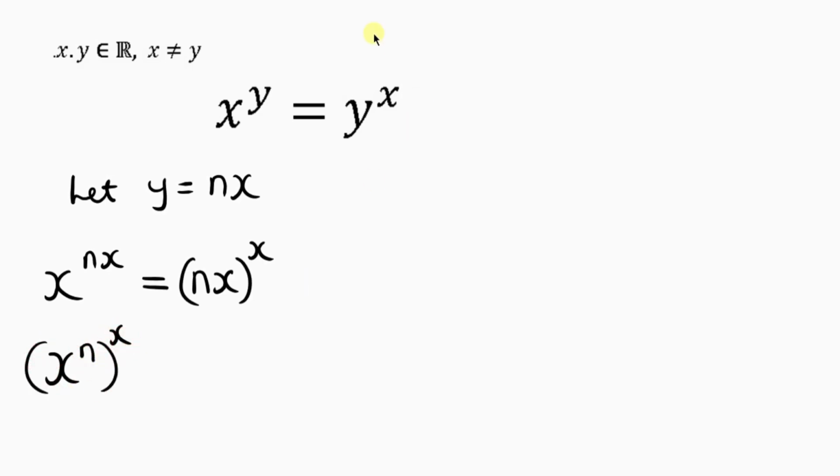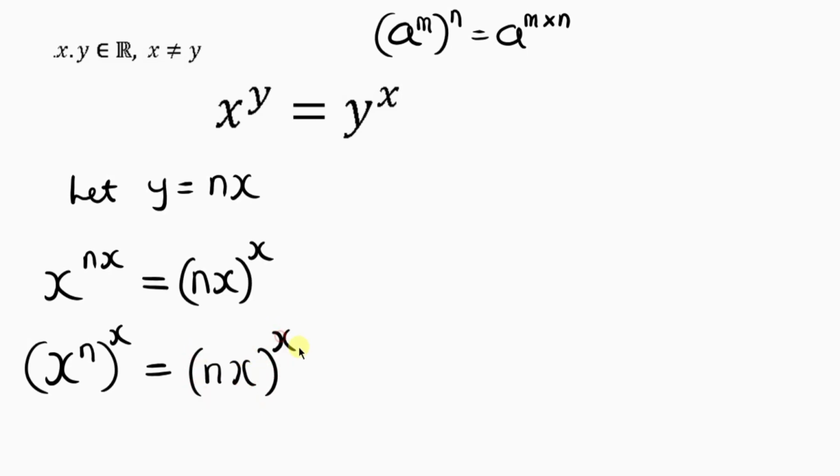Well, this is actually from indices, which says that whenever I have a base raised to power m, and this is again raised to power n, the base is raised to power the multiplication of the two powers. That means these two powers multiply. So that means when I multiply n times x, just as it is here, I'm going to be having nx. So it's still the same thing. Equal to nx to the power of x.